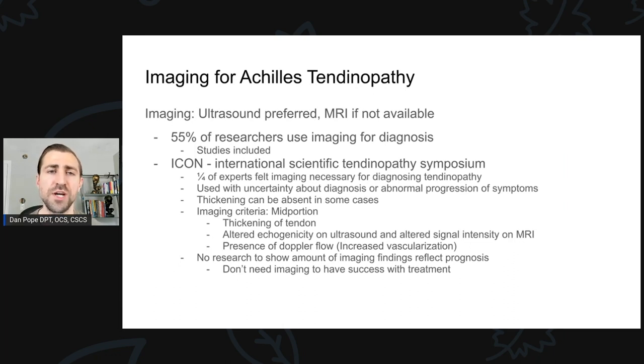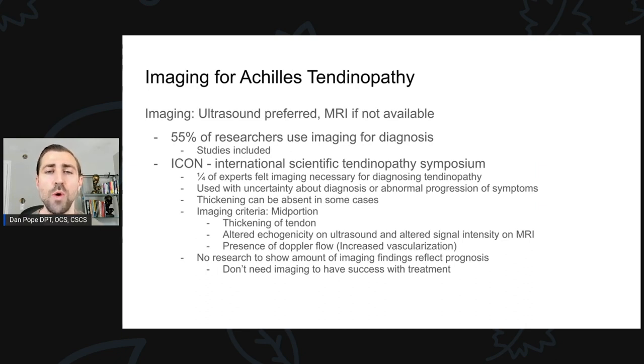So, in the Dutch paper that we're referring to here, only 55% of researchers actually use any sort of imaging in order to come up with a diagnosis. Okay. So, kind of mixed in terms of whether or not you need imaging to rule in Achilles tendinopathy. Now, going back to this ICON symposium, the International Scientific Tendinopathy Symposium, only a quarter of experts felt imaging was necessary for diagnosing tendinopathy, right?